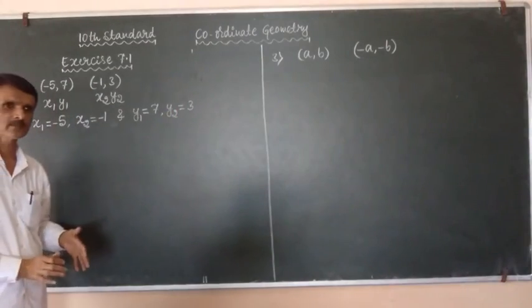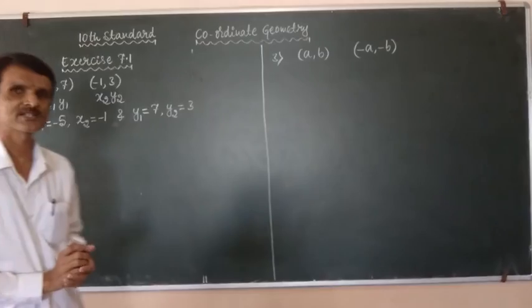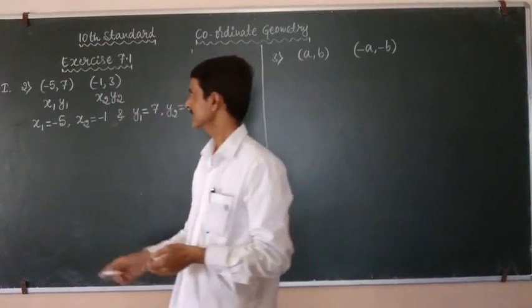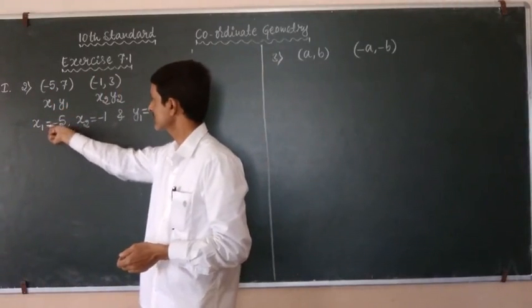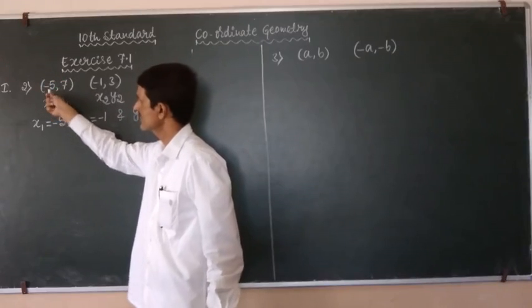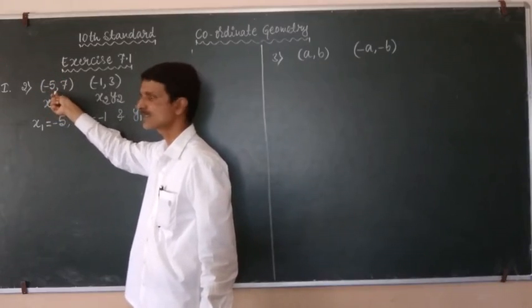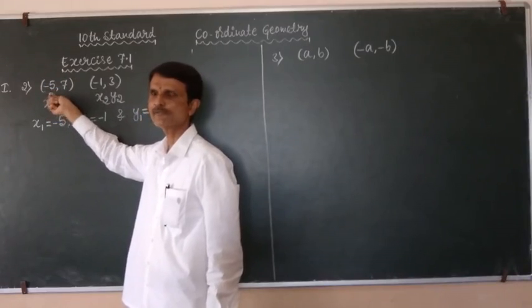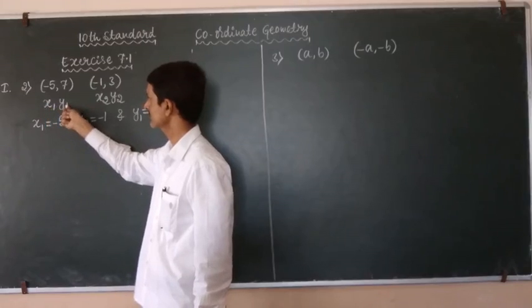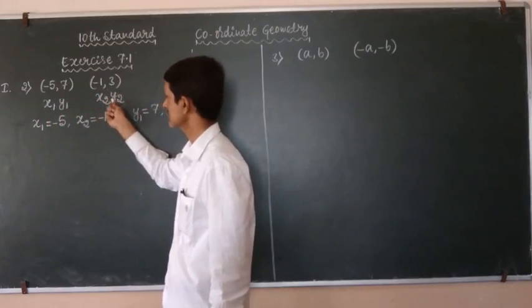So first step, after writing the points which are given in the problem, write down the values of x1, y1. So this is the first point. The points on a plane are in the form of x comma y. Therefore I have taken x1, y1, and the second one as x2, y2.